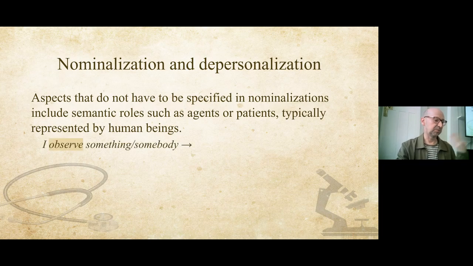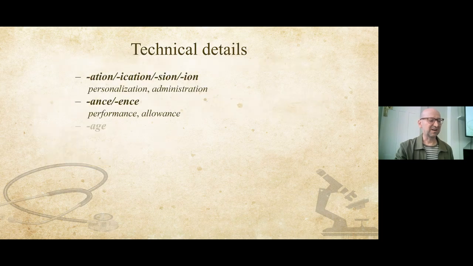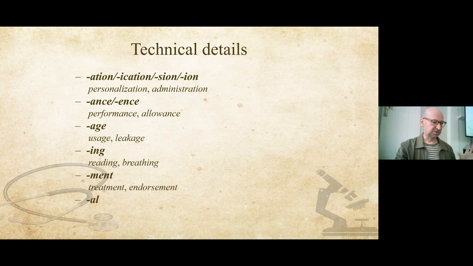So I observe something, or somebody, turns into an observation, where you don't have to mention who is the observer or who is the observed. Technical details: of course, you can't cover all of the nominalizations because there are some idiosyncratic ones, but these are the suffixes that are looked at.